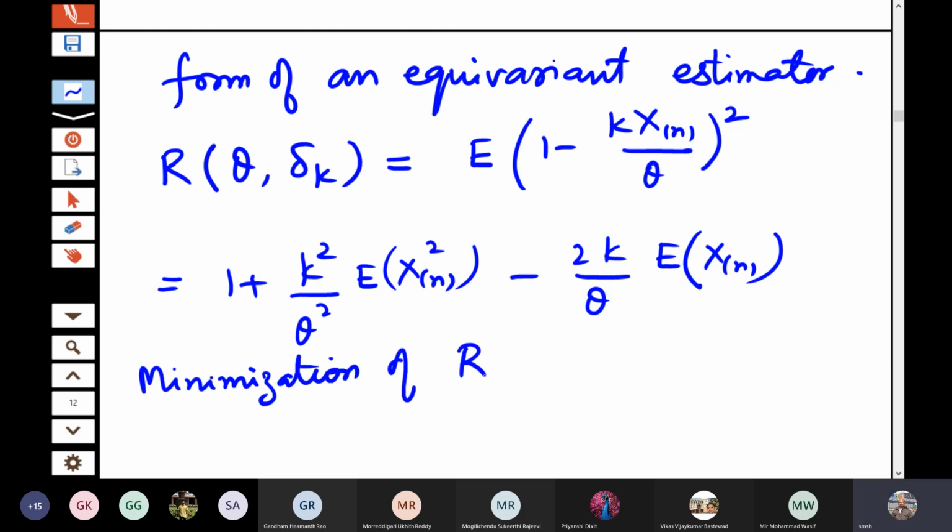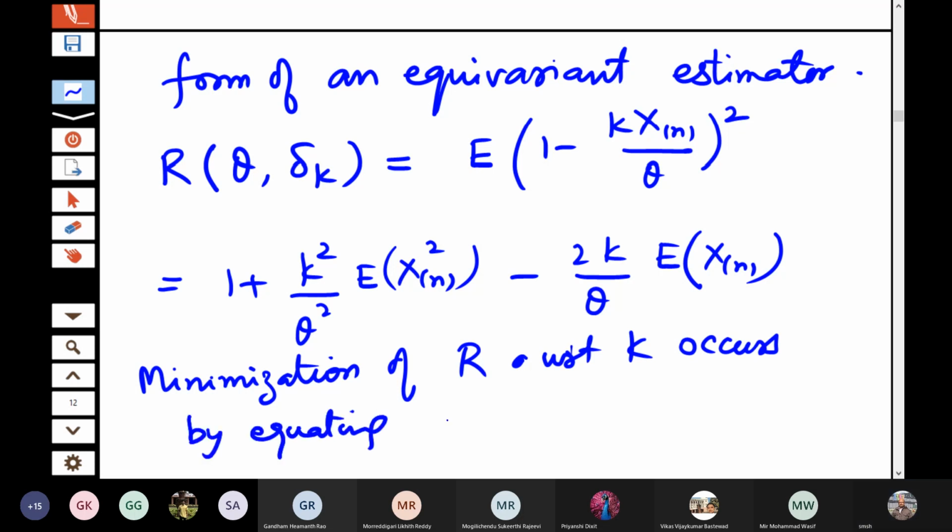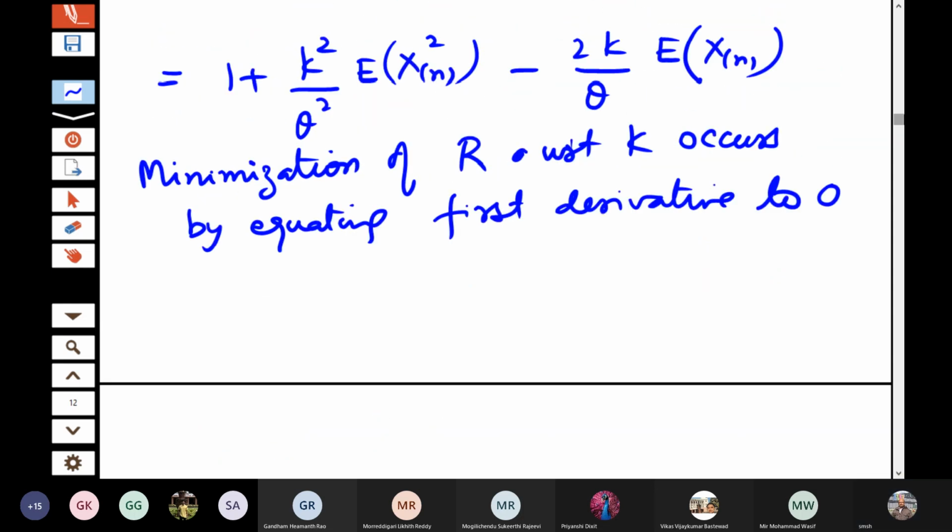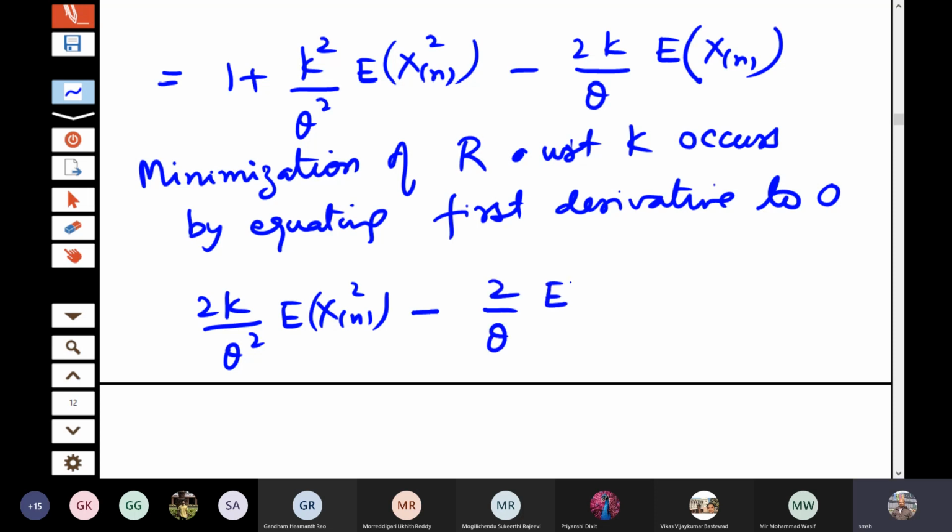Minimization of r with respect to k occurs by equating the first derivative to 0. So 2k by theta square expectation of xn square minus 2 by theta expectation of xn is equal to 0.